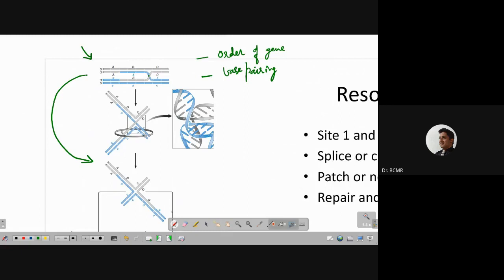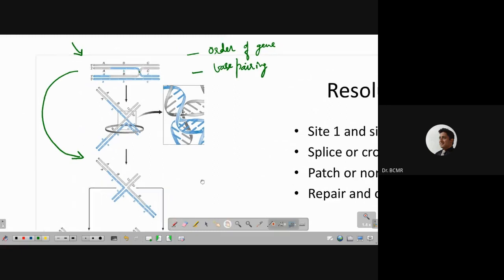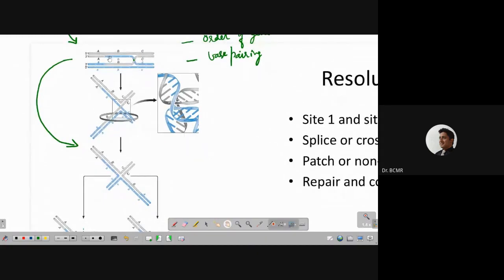Okay, I will compare this structure with this reorganized structure, and I am trying to prove that there is no difference between this one and this one. I'm looking at this top strand: capital A, capital B, capital C. Now I'm looking at base pairing.